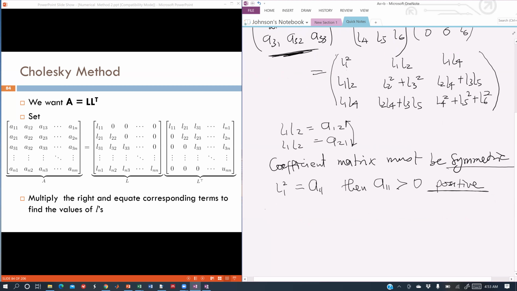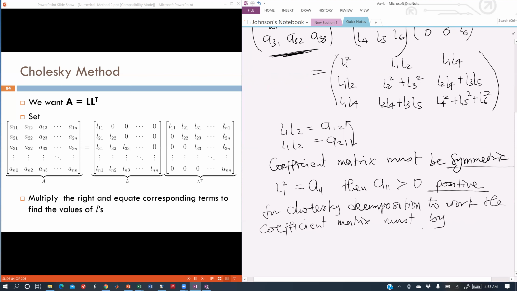So for Cholesky to work, we put the two together and say that for the Cholesky decomposition to work, the coefficient matrix must be a symmetric, positive, definite matrix.